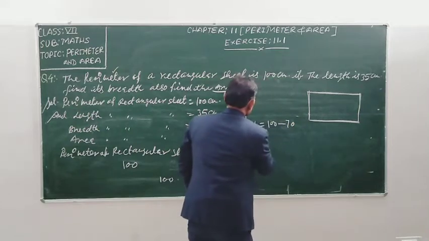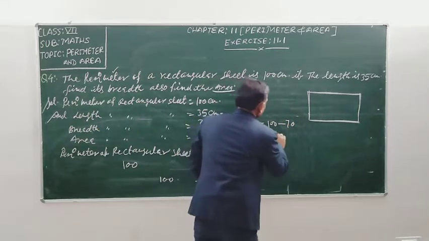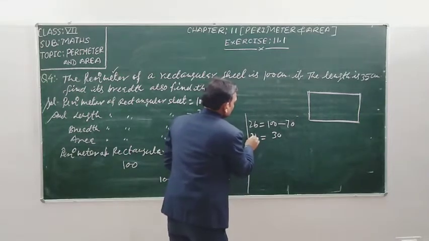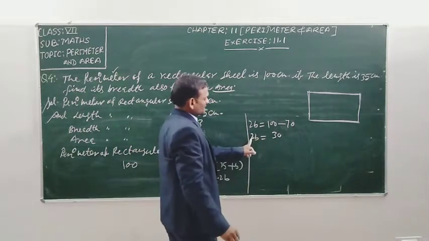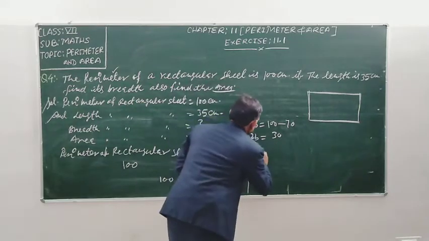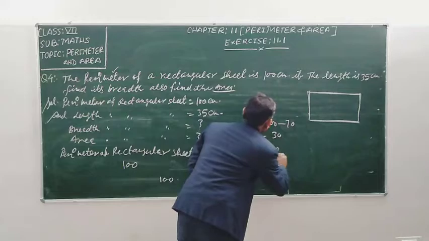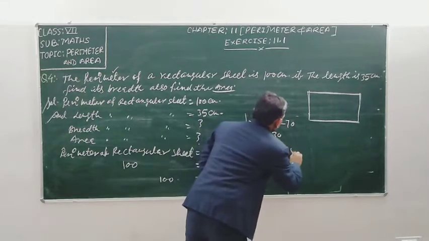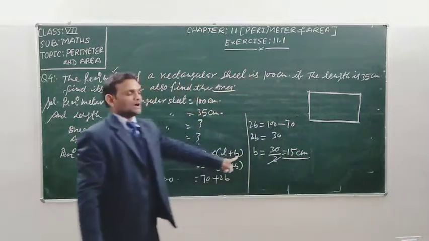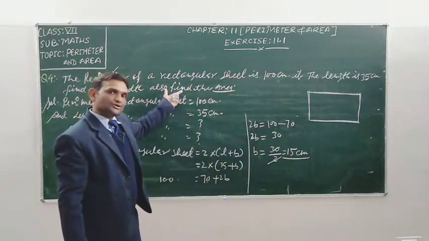So 2b is equal to 30, and 2 and b are multiplying each other, and when we transpose 2 to the right side we have to divide. So b is equal to 30 upon 2, that is 15. 15 centimeter is the breadth of the rectangular sheet.